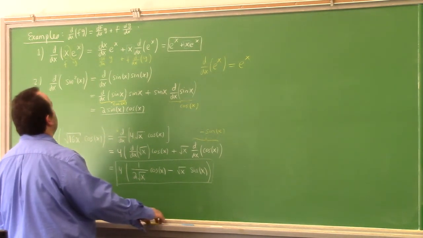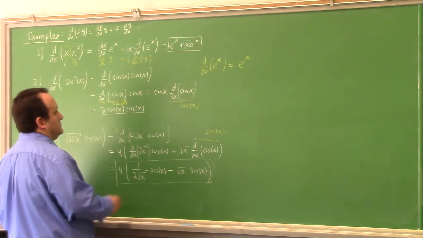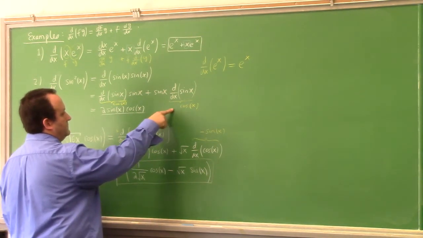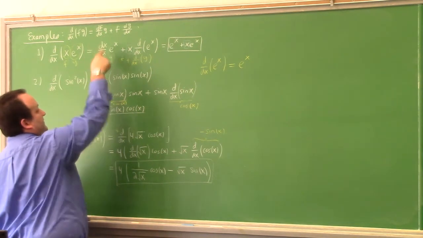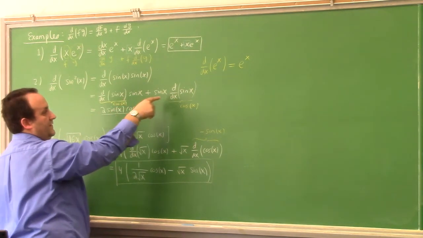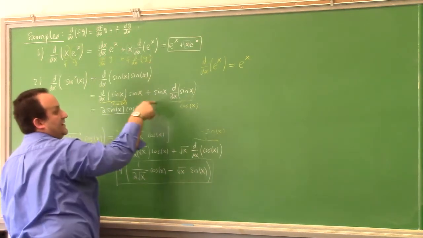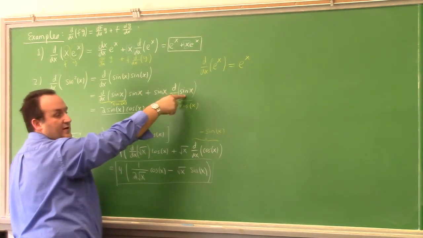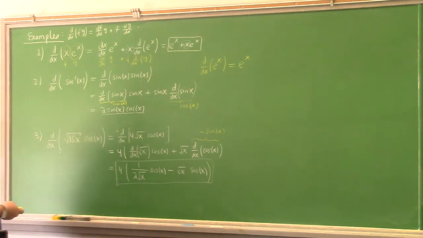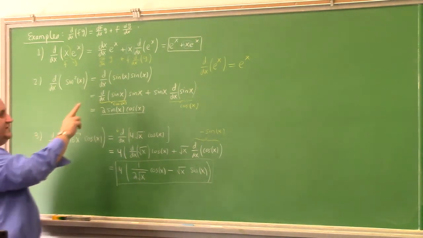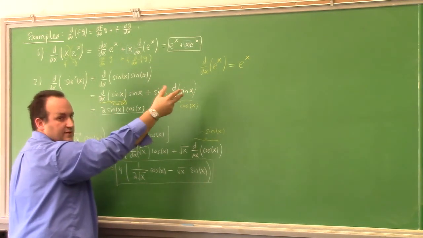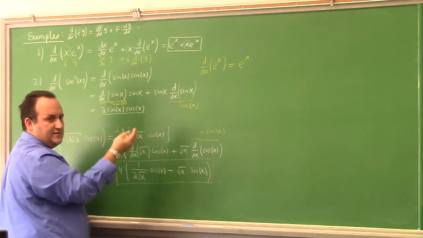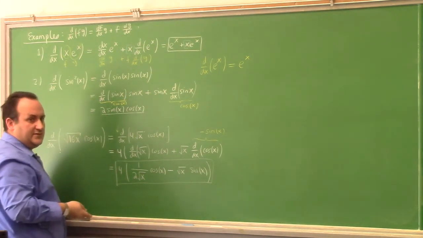Well, this would be the df/dx times g term, and this would be the f times dg/dx term. So it's this product rule. And then this would give me cosine sine, and this would give me sine cosine, but multiplication commutes, so I could just do 2 times sine cosine for the answer.